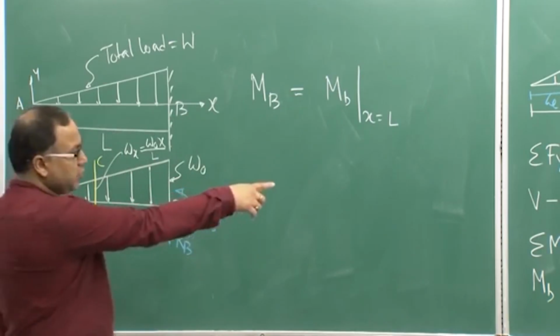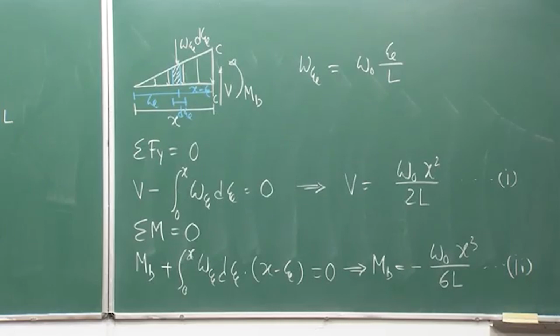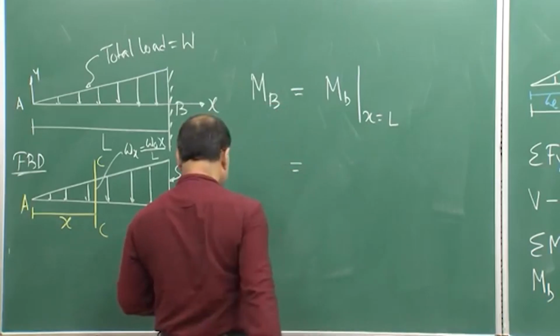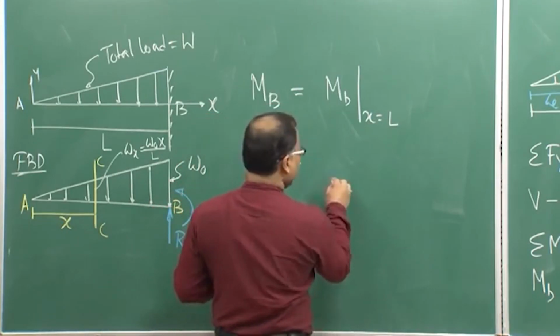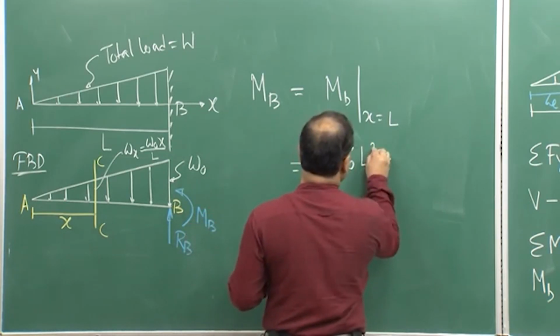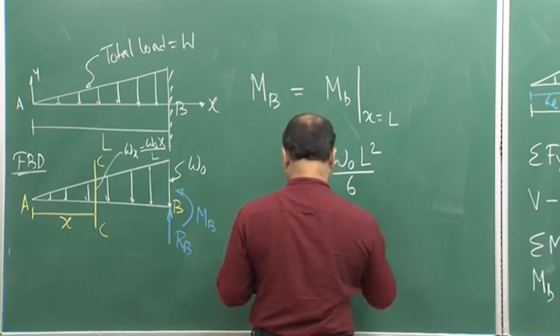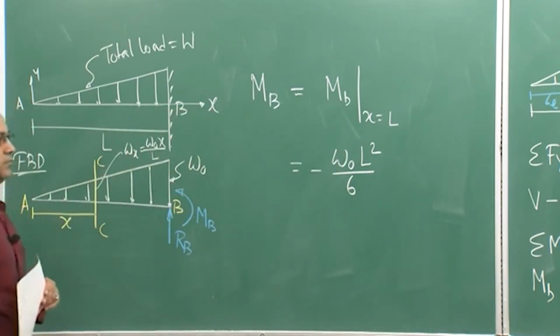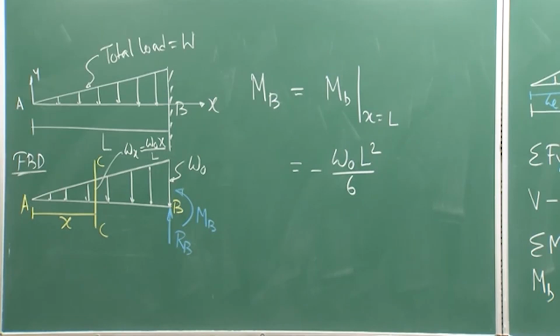So, if you put x equal to L there, then you will get capital MB equal to minus W naught L square by 6. Clear? Fine.